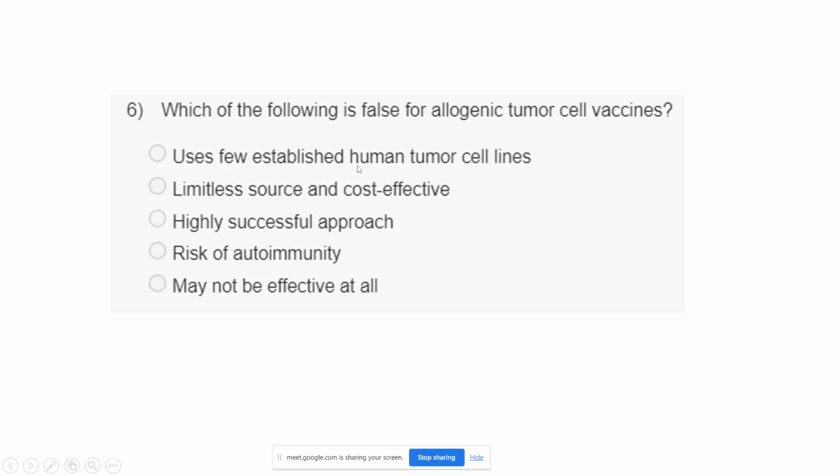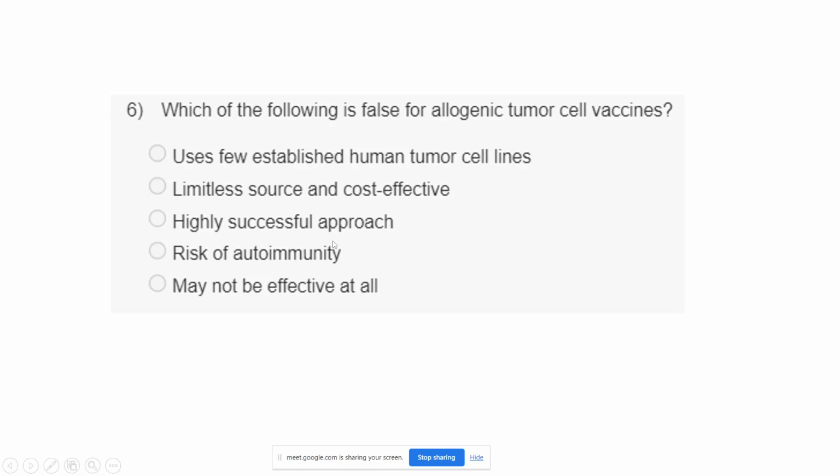Okay, here it is asking which of this is false for allogenic tumor cell vaccines. So, allogenic tumor cell vaccines basically use cells from other individuals, not from the same individual. So here they actually use established human tumor cell lines. Also, since they are using cell lines, there is a limitless source and it is cost effective. But it is not a highly successful approach.